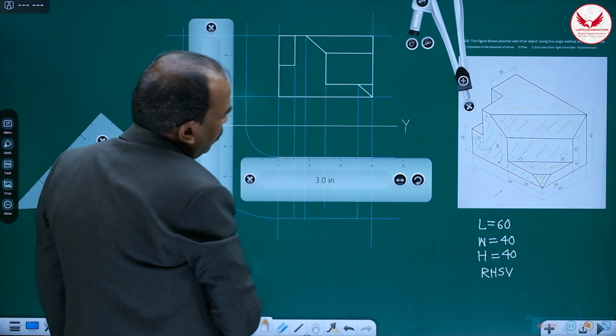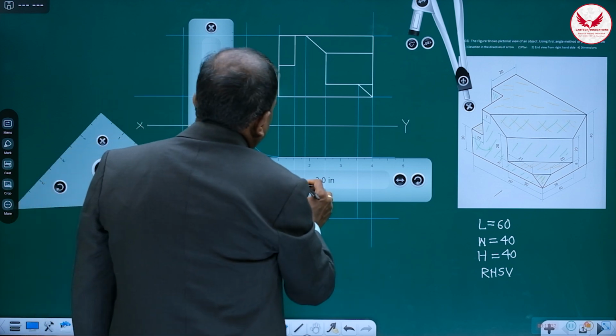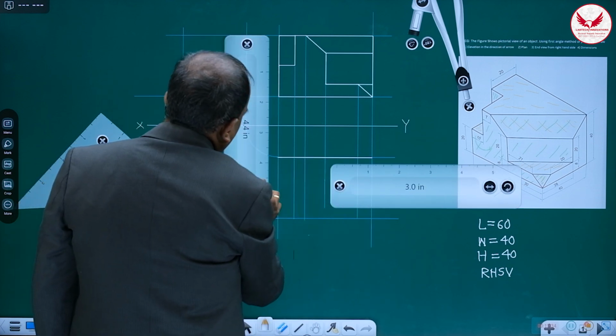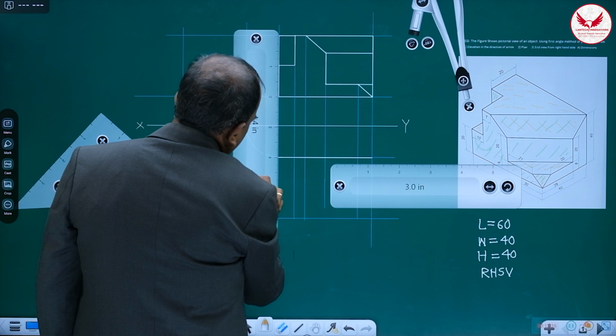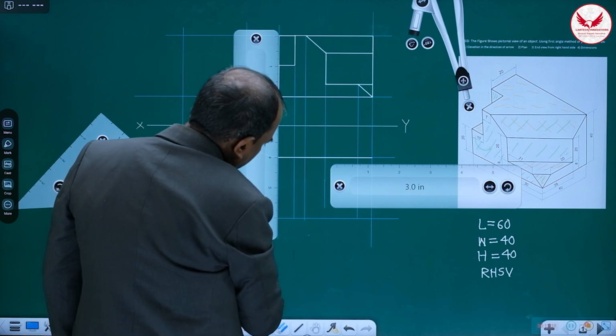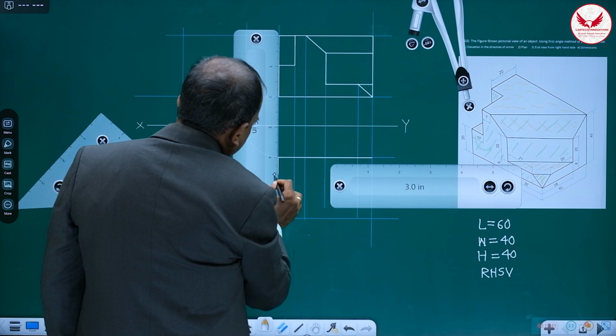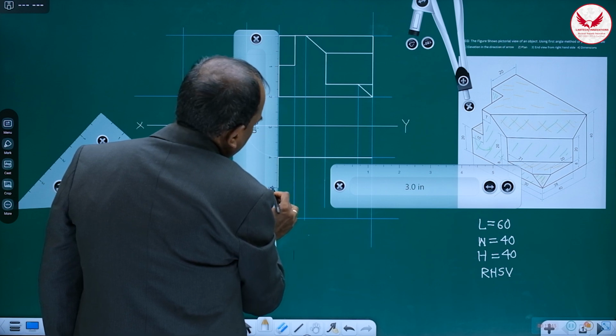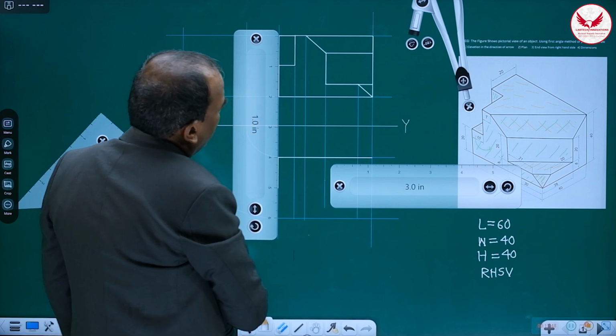It is 60 mm. Then immediately you can mark this vertical 20 mm, 20 mm.